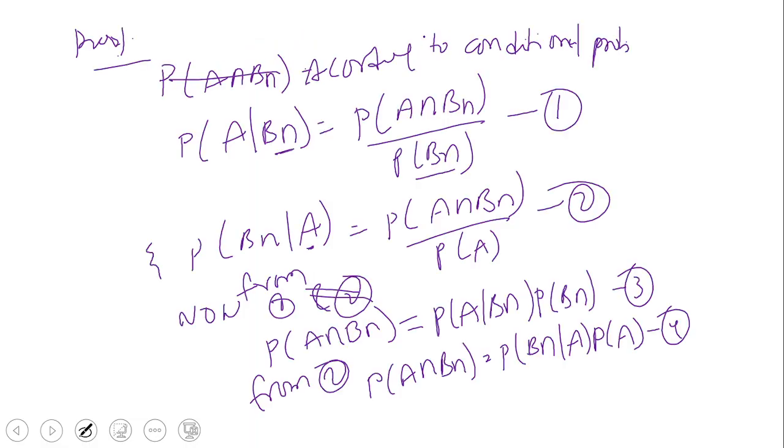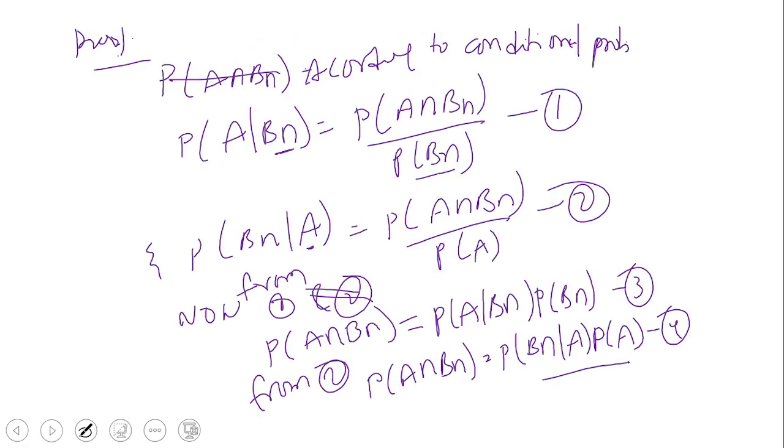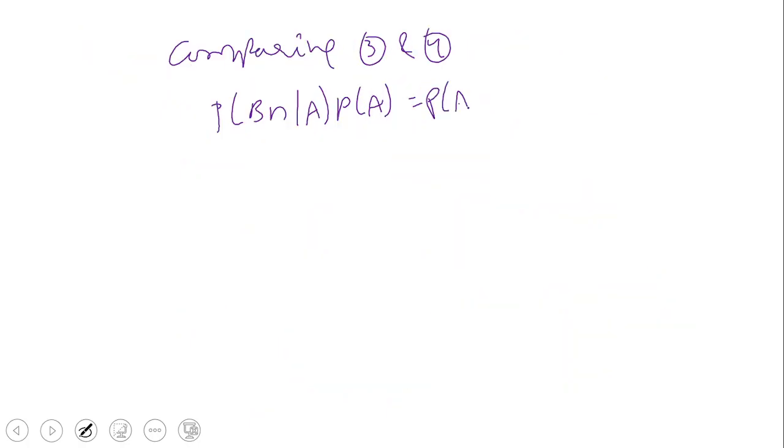Comparing 3 and 4, here A intersection Bn is the same in both. So what can I write? P of Bn given A into P of A is equal to P of A given Bn into P of Bn.